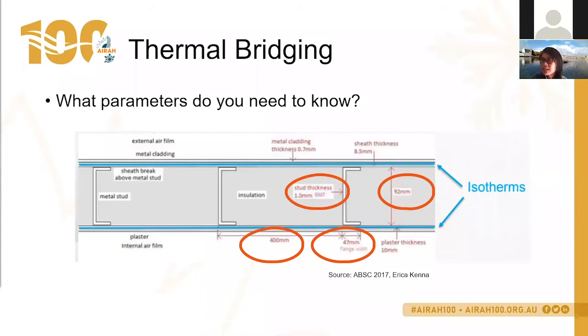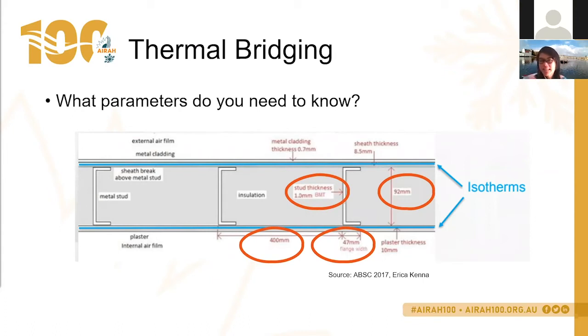Okay, so looking a little bit more deeply into thermal bridging, this is an example here that is not the curtain wall construction. This is a standard lightweight steel frame construction here with a metal clad wall.